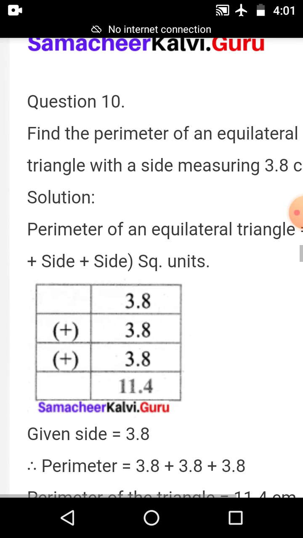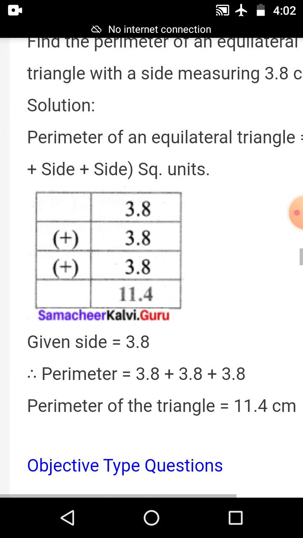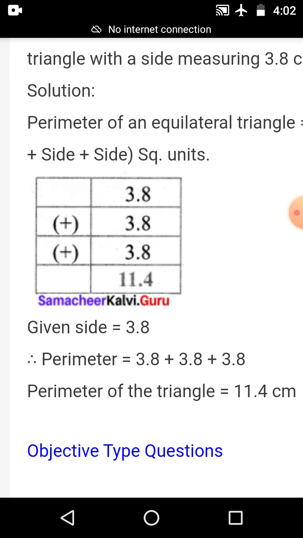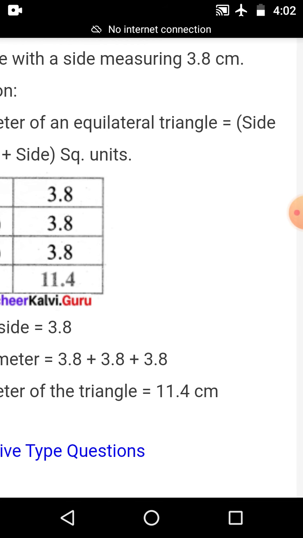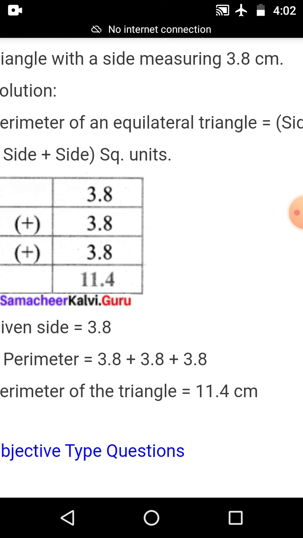No problem, here also you can add 3 sides and get the answer 11.4 centimeter. Another way you can do 3 into side, that is also easy. No problem, you can add the 3 sides.